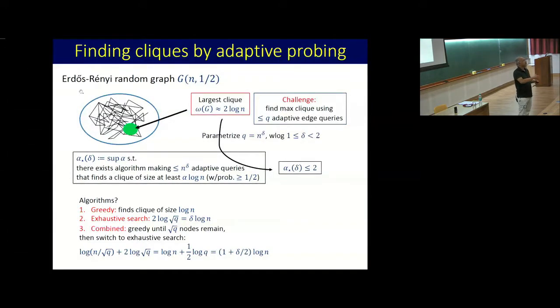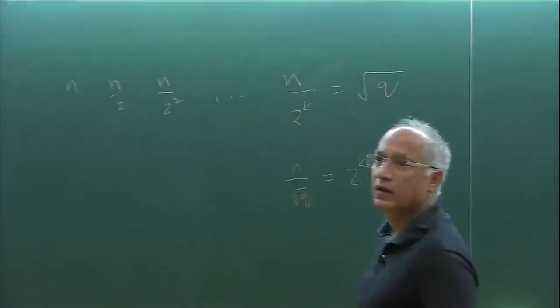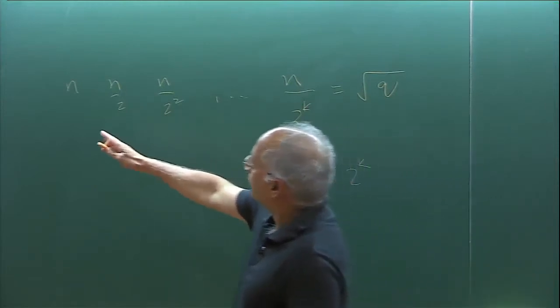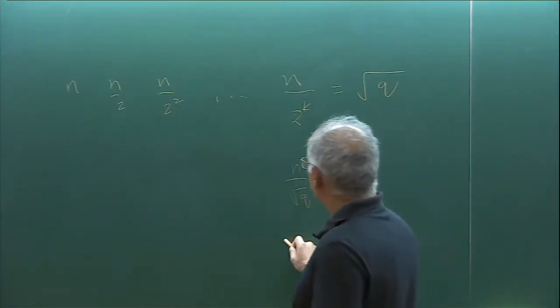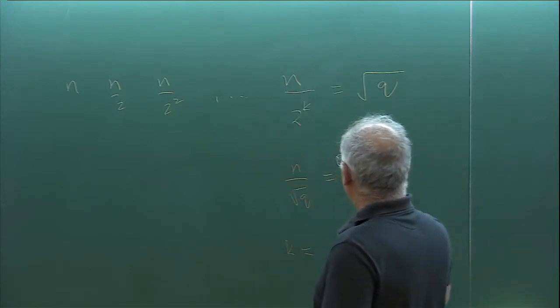I start with n vertices, then n over 2, n over 4, n over 2 to the k, and I stop when what remains is square root Q. That means n over square root Q is 2 to the k. By then, we have found k vertices, and that's the size of the clique from the greedy phase. So k is log of n over square root Q.